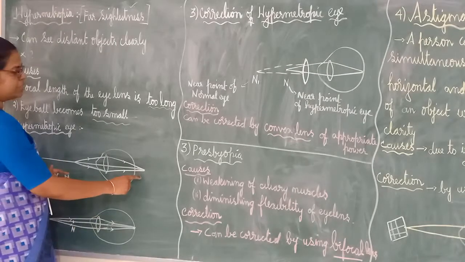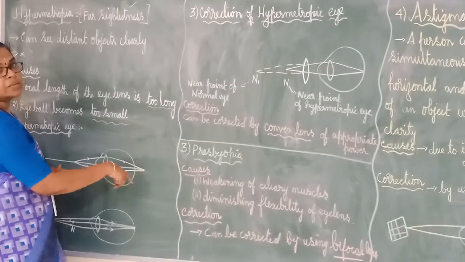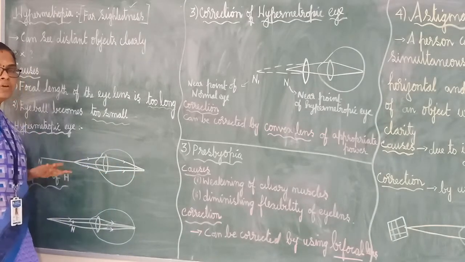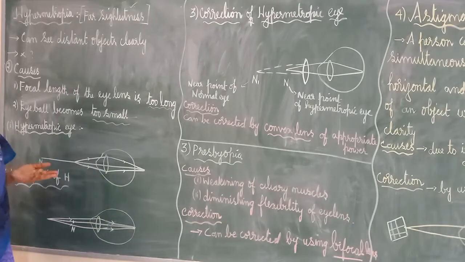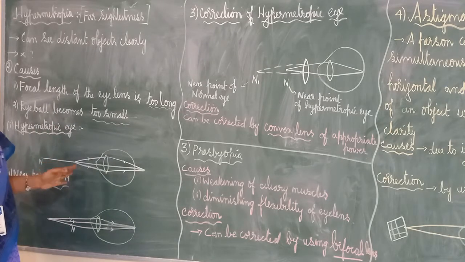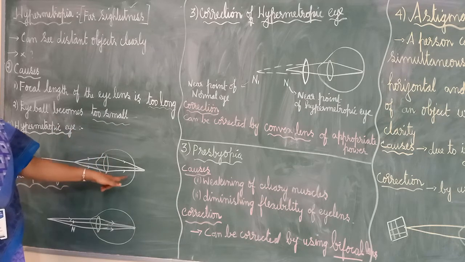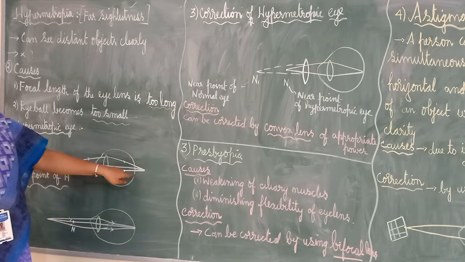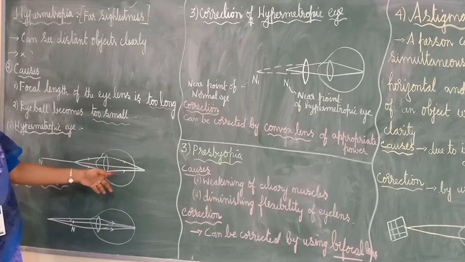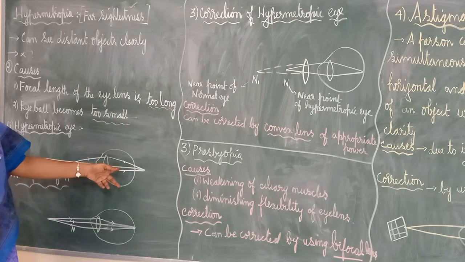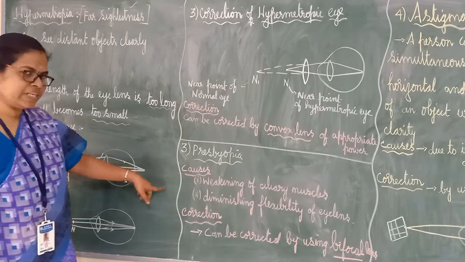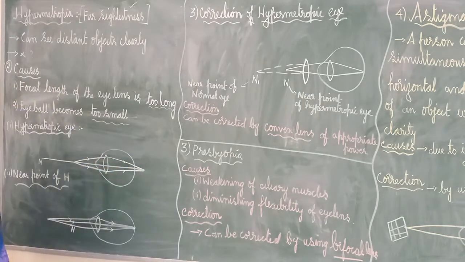But here the image is formed behind the retina. In myopia we have studied that the image is formed in front of the retina. So a normal person should get the image on the retina. If he gets it in front of the retina, it is myopia. If he gets it behind the retina, it is hypermetropia.